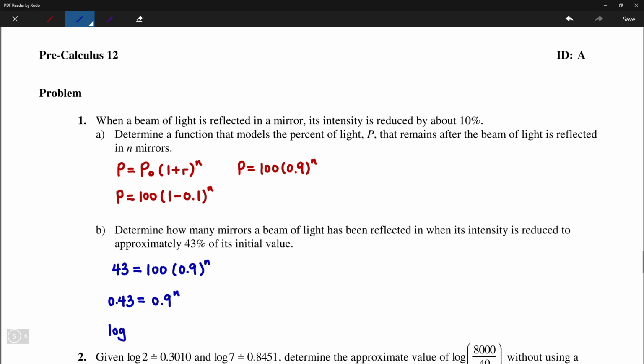So log 0.43 is equal to log 0.9 to the n, and we'll also apply the power rule here. So n is going to be equal to the quotient log 0.43 divided by log 0.9. Sorry about that.